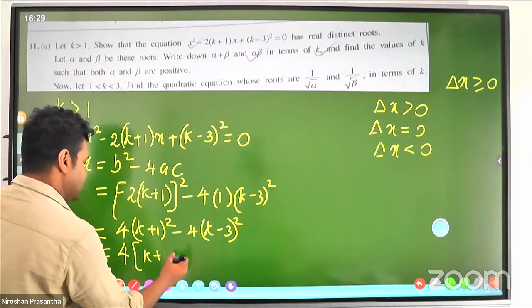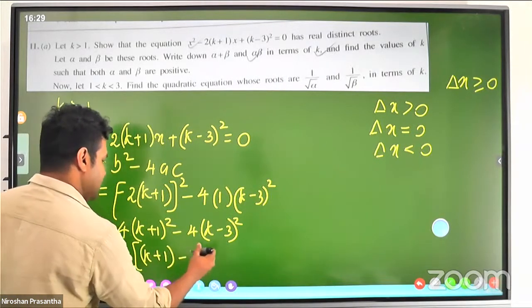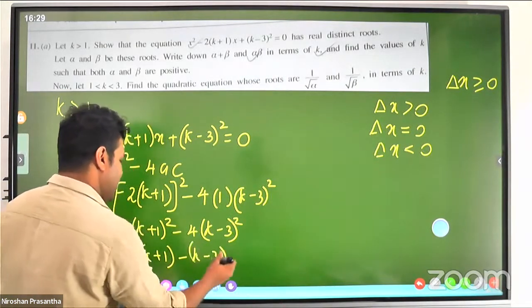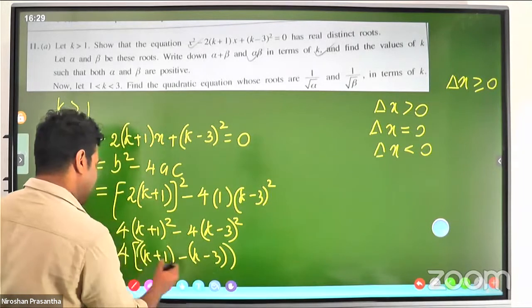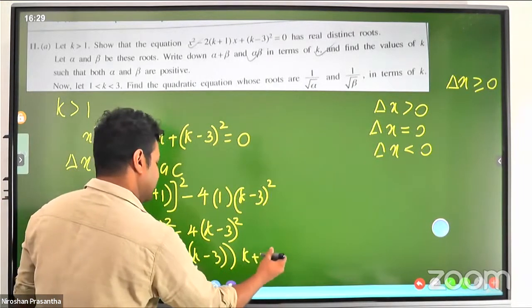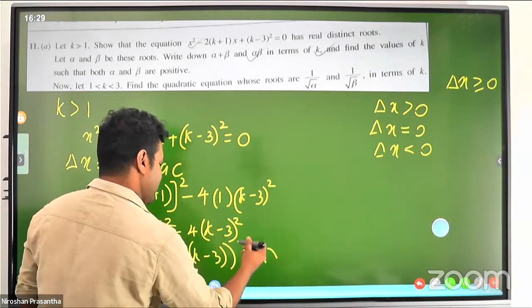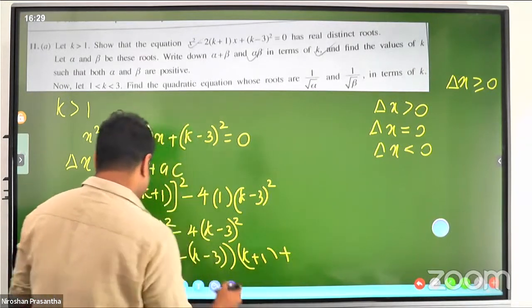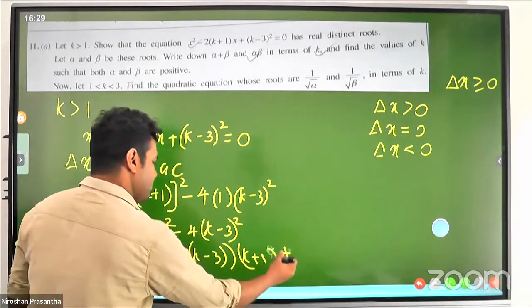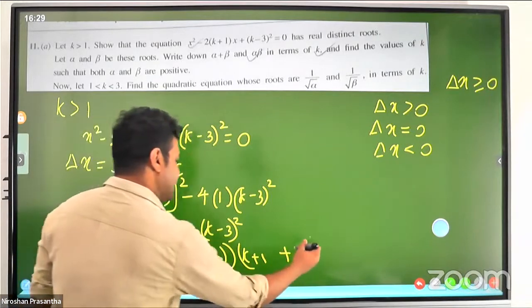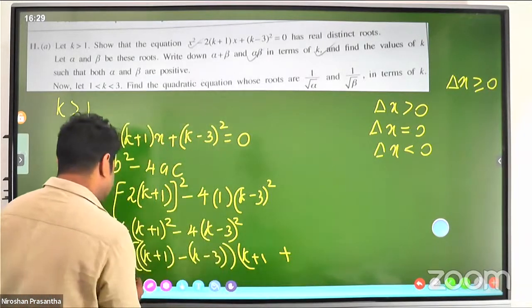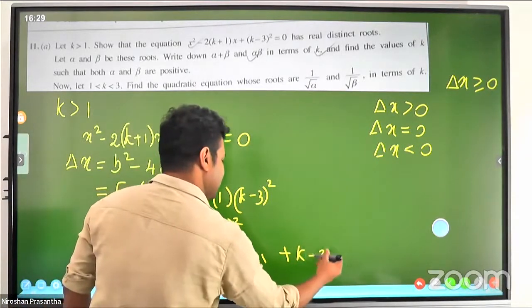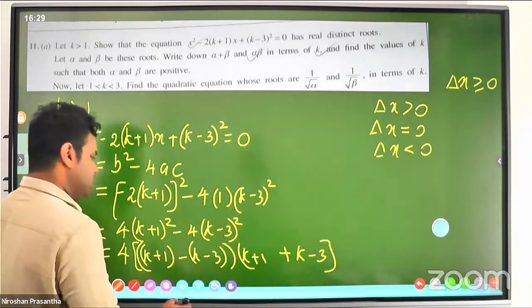(k + 1) minus (k − 3), and we can further write (k + 1) plus (k − 3). What did I do here? What's the concept I applied?